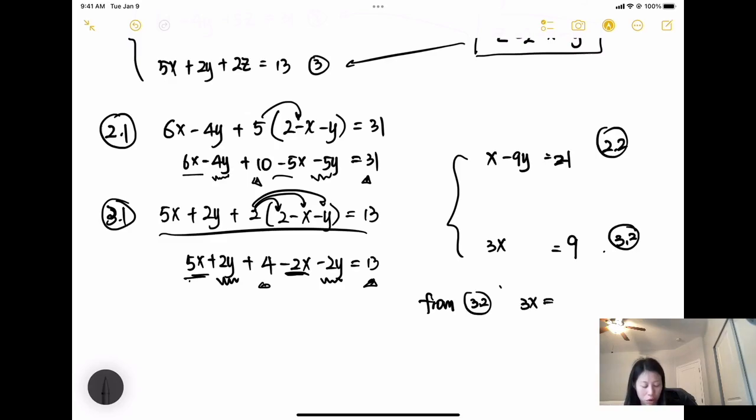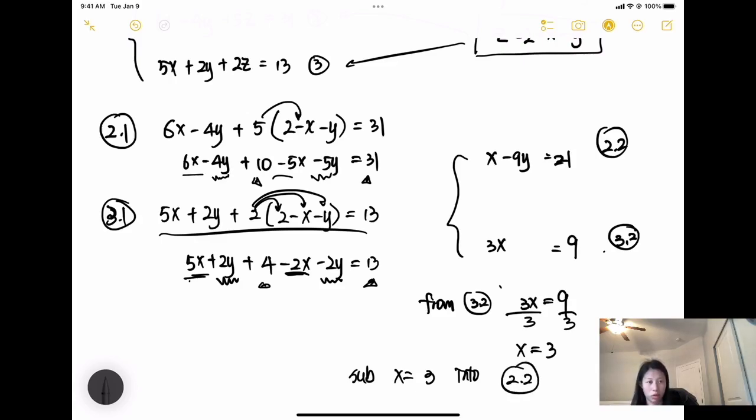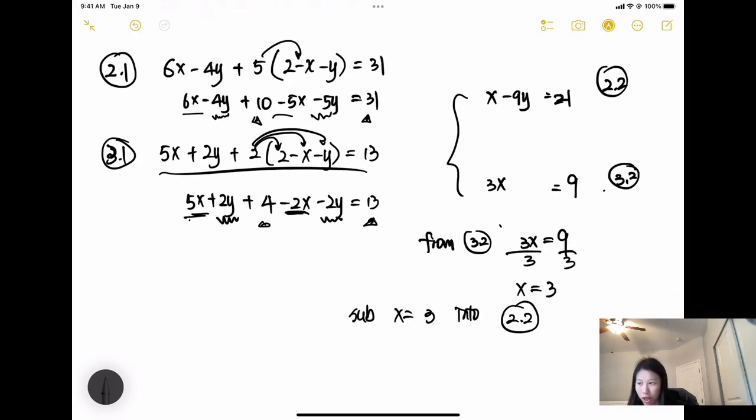So if we divide by 3 on both sides, we have x equals 3. And then we substitute x equals 3 into the second equation. We will solve for y. We have 3 minus 9y equals 21. So our y equals negative 2.